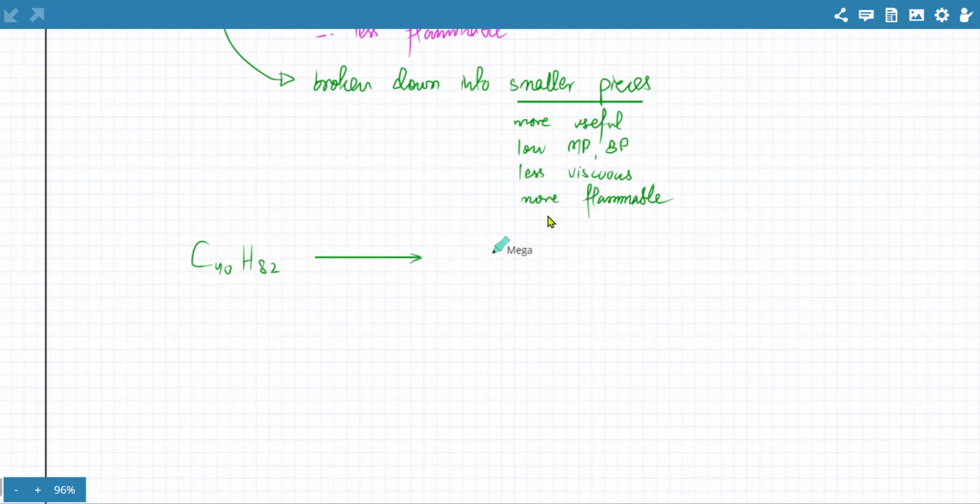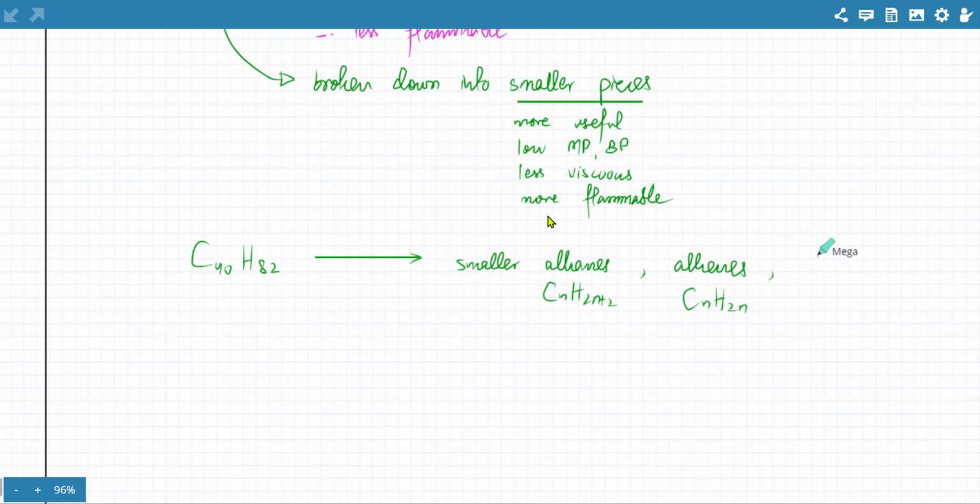Which smaller pieces would they be? They would be smaller alkanes. What's the general formula of alkanes? CnH2n+2. What else? There would be smaller alkenes. The general formula of alkenes is CnH2n.